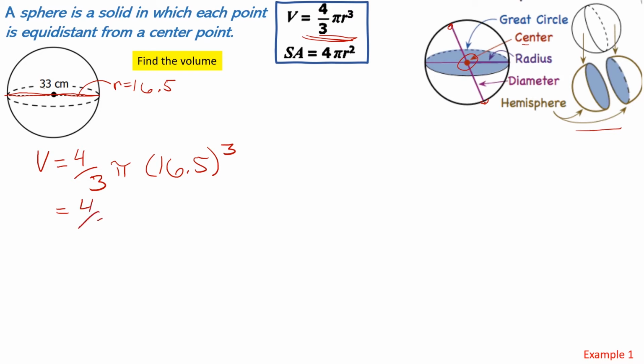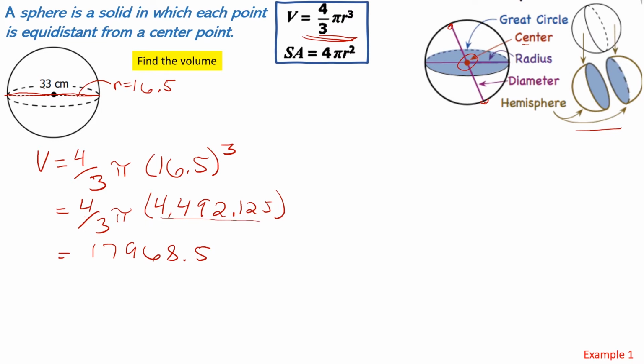Quite long, but you can leave it in your calculator and maybe not write it. And then I'm going to multiply that by 4. It gives me 17,968.5, because the 4 is in the numerator and the 3 is in the denominator.